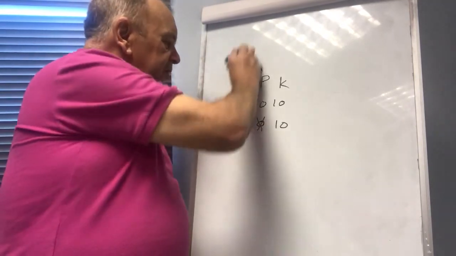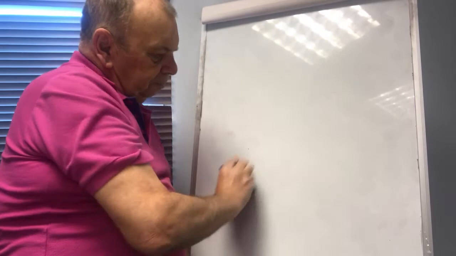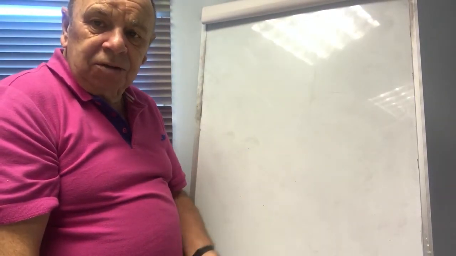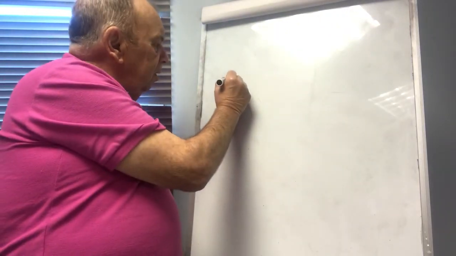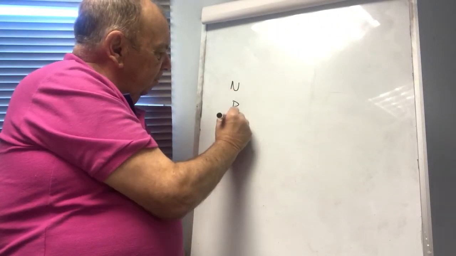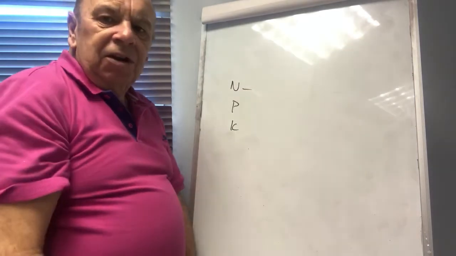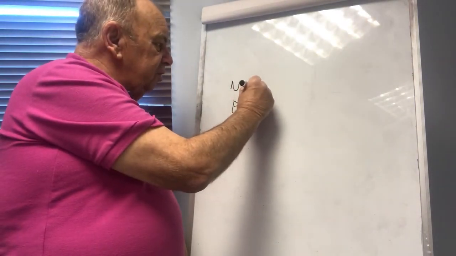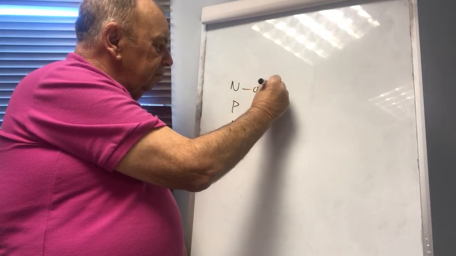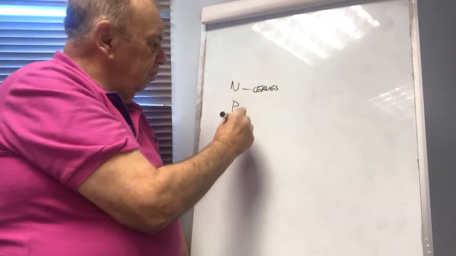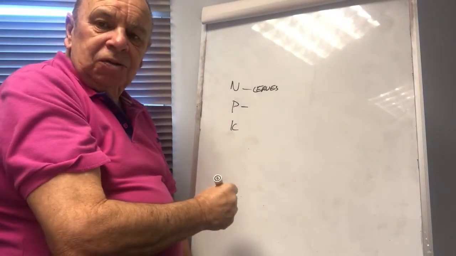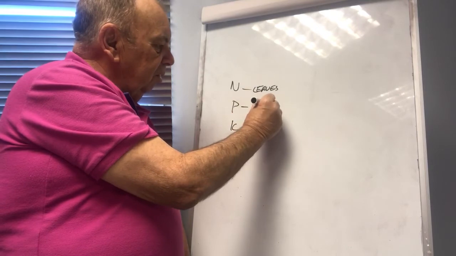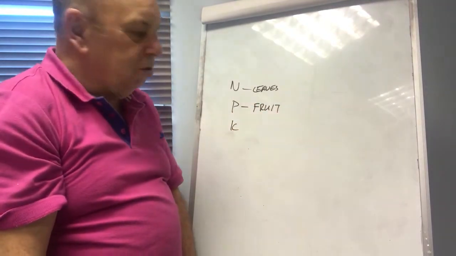Why do we use fertilizers? Basically, they help plants, vegetation to grow. NPK: the nitrogen promotes growth in the leaves. The phosphorus promotes fruit production and berries, etc. Let's call it fruit, that could be a vegetable as well.